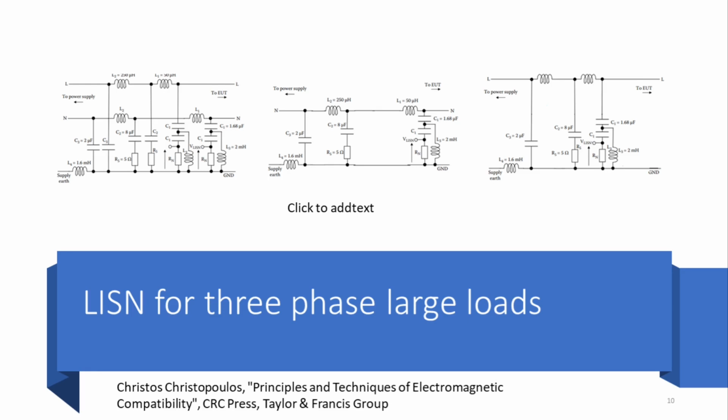So, a typical design of a LISN is shown, where Rn is the 50 ohm. The isolation of the measurement setup from EMI originating from the power network is accomplished by components C3, which is here, L1 and L2.